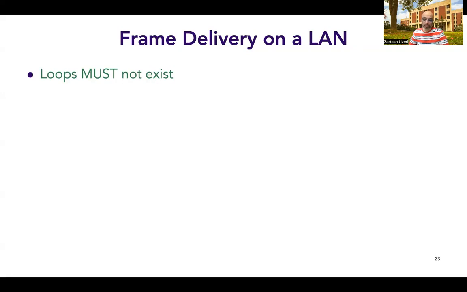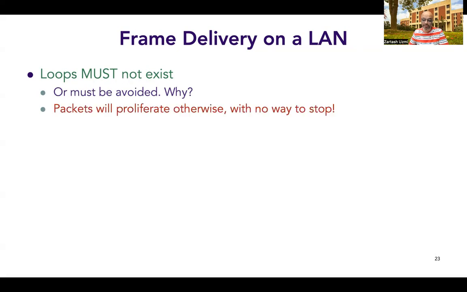But it is even more important in the case of local area network that loops must be avoided. Why is that? Because otherwise the packets will proliferate. It is possible that I have one host connected to a layer 2 switch, another host connected to a layer 2 switch, and these two switches are directly connected to each other. There is a loop right there. So you need to avoid the loop.